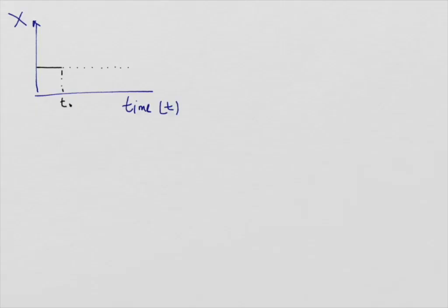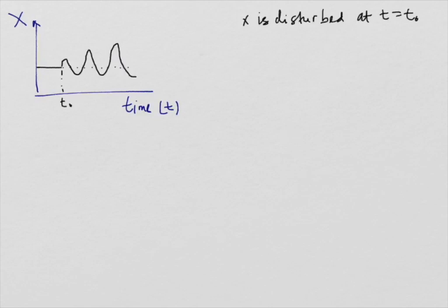We have another system like this. We plot X versus the time t. From the initial value, the system is in steady state, and at t0, X is disturbed. X is disturbed at t equal to t0, and then the system gives a response like this.